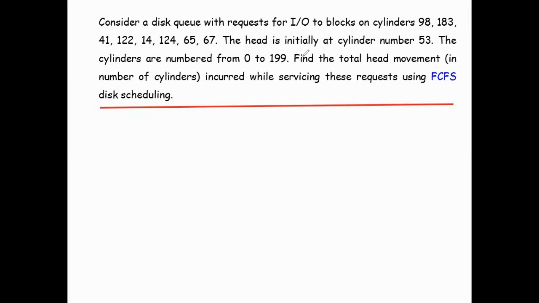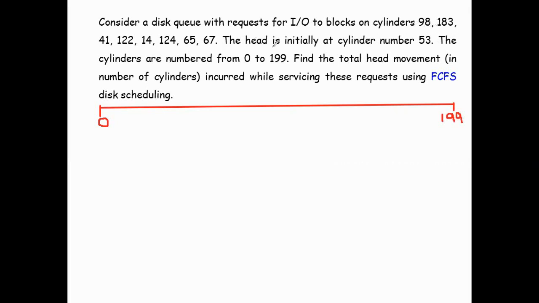The number line should contain the given cylinder numbers arranged in ascending order. The range of the number line is marked 0 as the initial value and 199 as the final value, because it is given in the problem as the cylinders are numbered from 0 to 199.